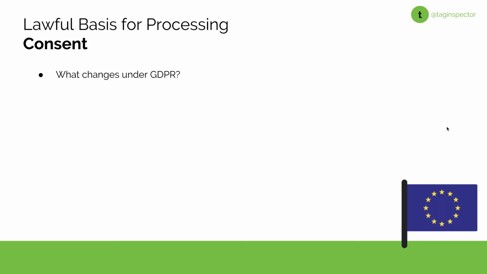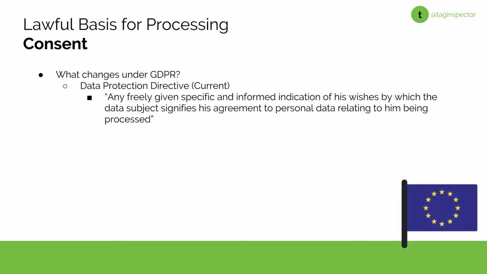But what you need to know about consent. So what changes under GDPR as compared to the current climate, in which consent is really covered by the Data Protection Directive. So the Data Protection Directive right now states any freely given, specific, and informed indication of a subject's wishes by which the data subject signifies his agreement to personal data relating to him being processed.